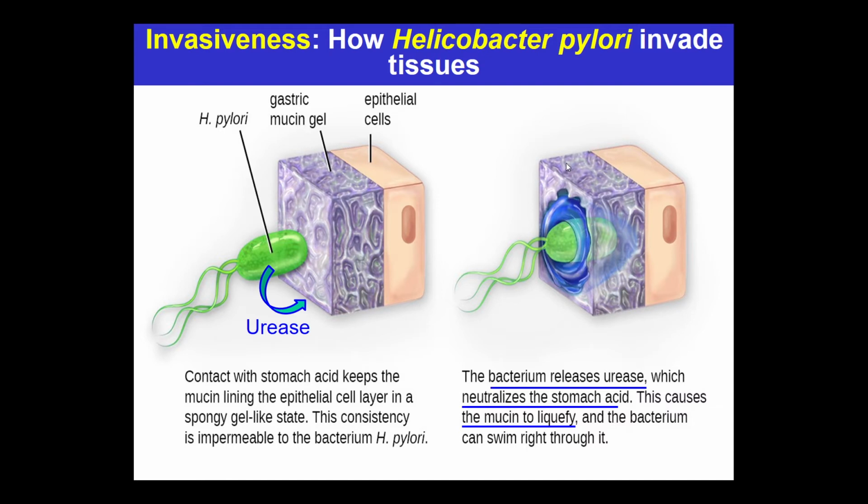Mucin becomes liquefied in non-acidic conditions. And bacteria move to the epithelium and make direct contact with this epithelium, after that destroying these epithelial cells and starting to cause an ulcer.